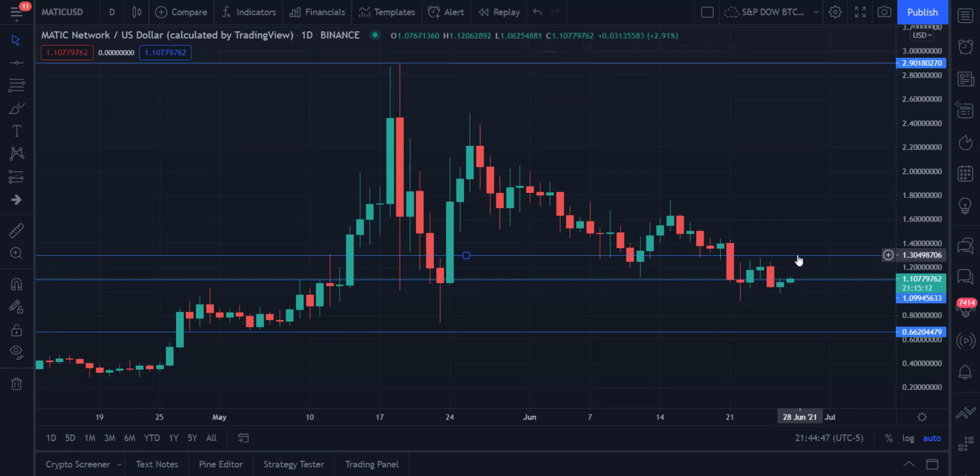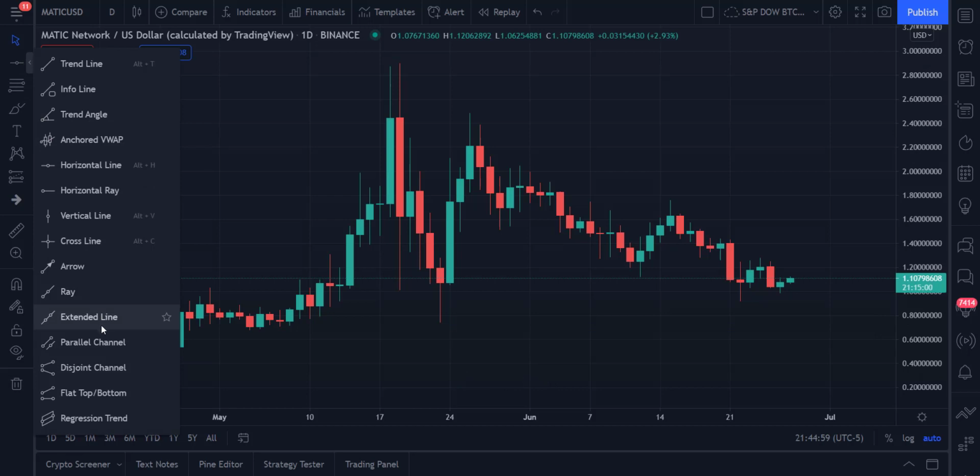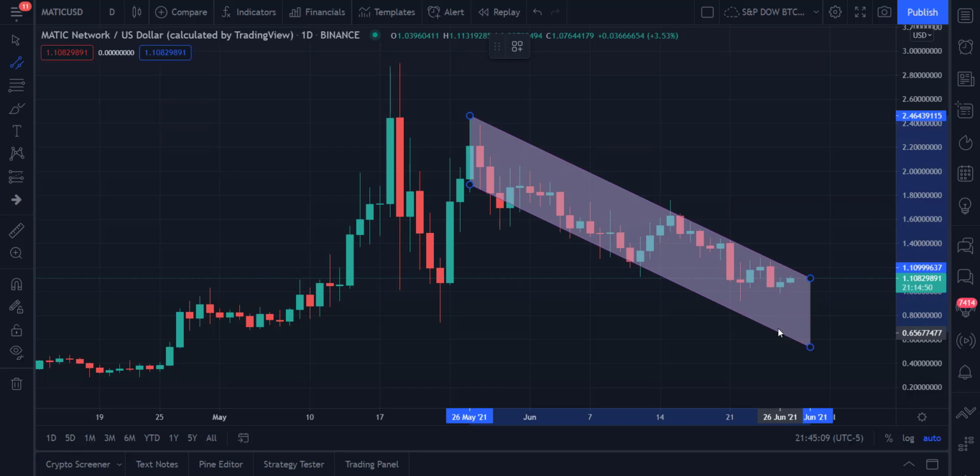So what I want to do now is just get a nice channel. I like looking at these channels because it'll let me get a better sense of possible direction the market is heading in. It's going to do something like that. Doesn't have to be perfect once again.